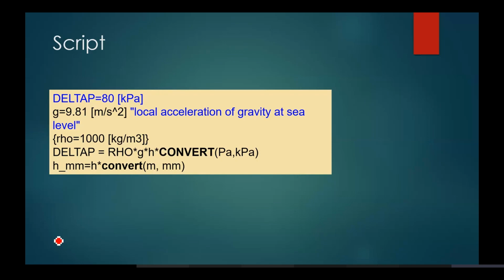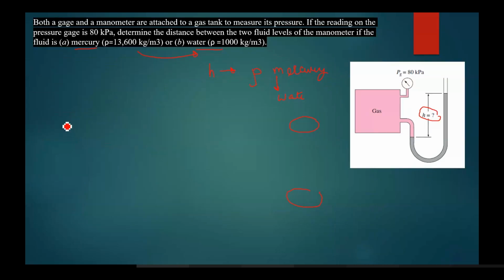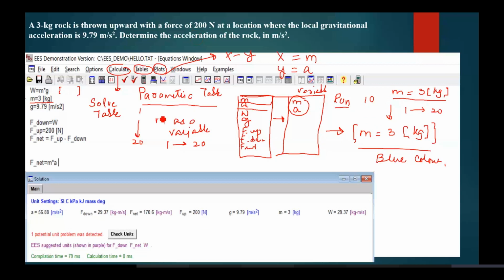Now, the important thing is that I want to create a table of density and H in millimeters, or let's say in meters, and H in millimeters. I want to convert. So what I'll do is that I'll again go to where it is written tables.